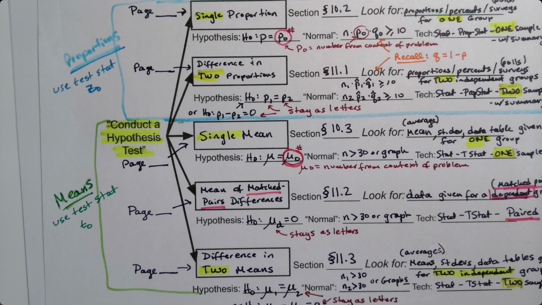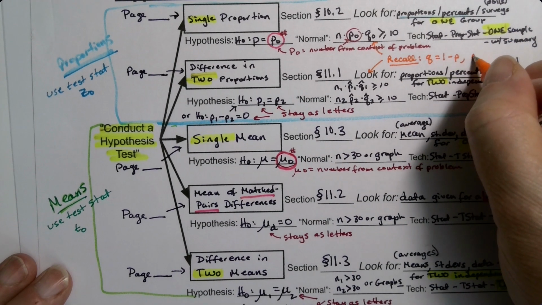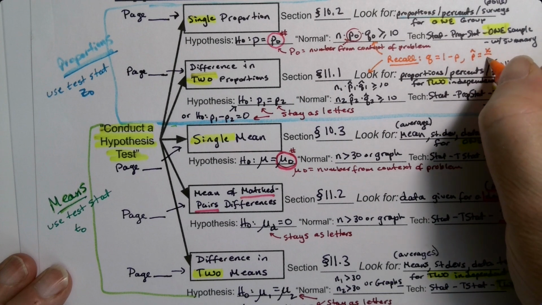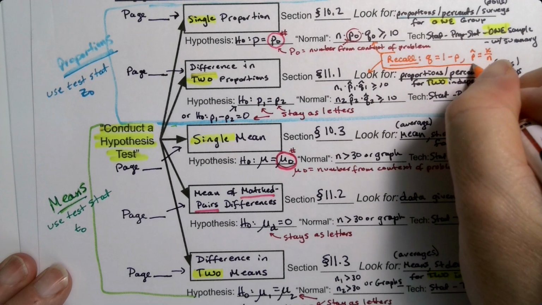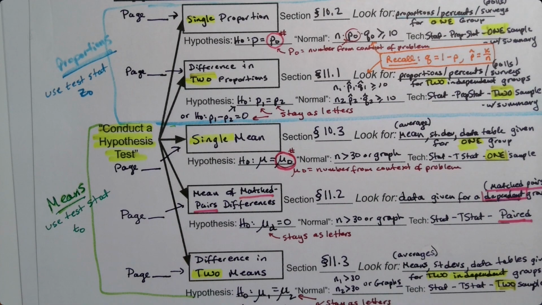That's how we find those Q values for those particular formulas. And while I'm on the subject, let's also remember that P hat is always X over N. We learned that in chapter 6 technically, but it's still coming in handy for us even at this late stage.